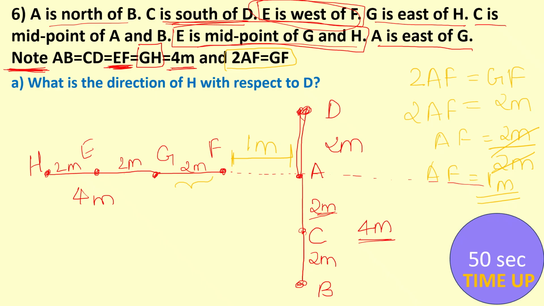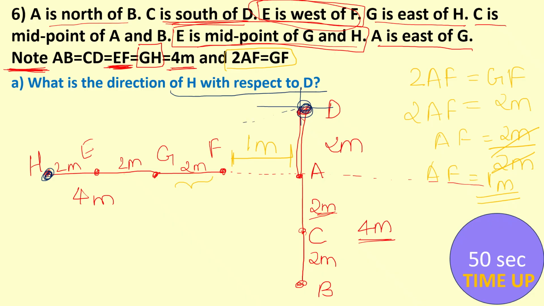So what question they have asked you? What is the direction of H with respect to D? So D is here and your H is here. So what is the direction?